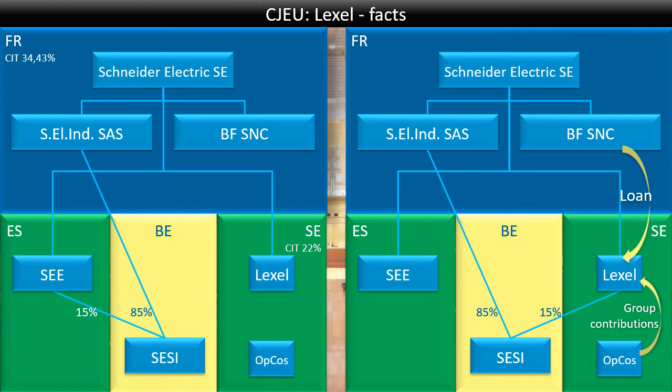And then with regard to Lexel and the OPCOs, Sweden has a system, and I believe it was used here, which is part of the case, whereby companies within Sweden can give group contributions, tax-deductible group contributions, to other companies and group members within Sweden, right?